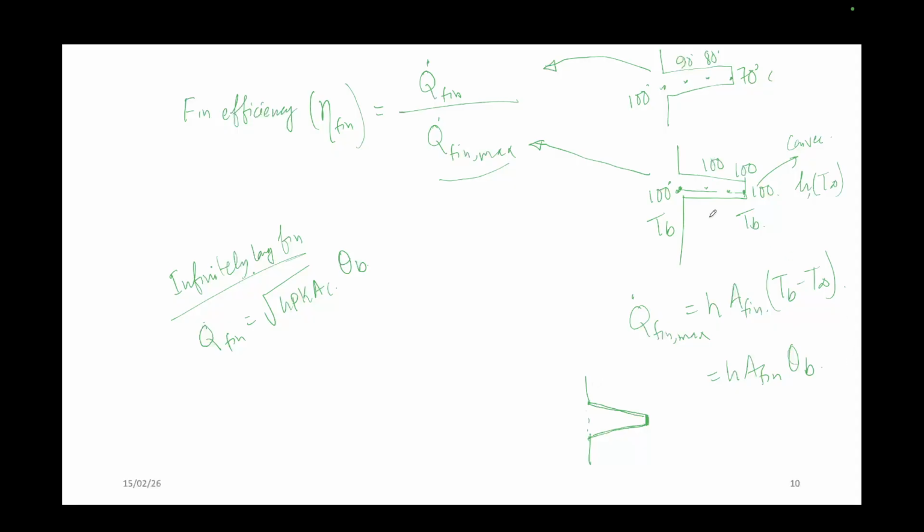In that case you can't say that if you take the area of the base, then unfin will be correct. But your case is correct if the fin has an equal uniform cross section. So please remember this concept: Q fin max means the heat transfer from the fin if throughout the fin the temperature is the same as that of the base.